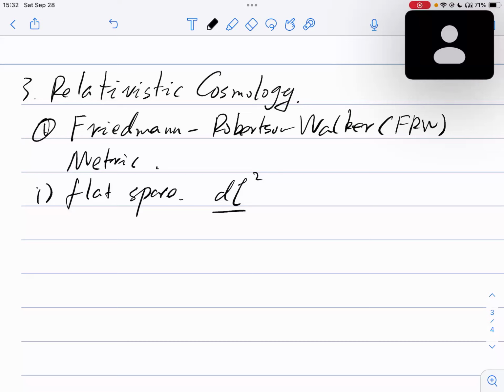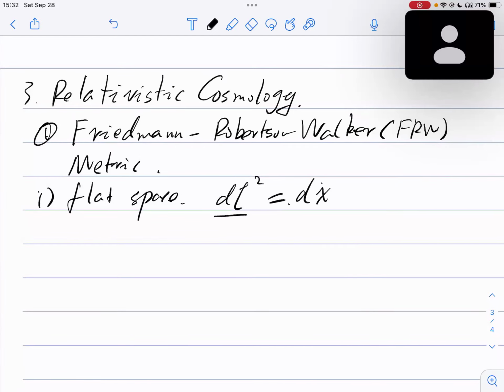We are only talking about space up to now. I will ignore the 3D label afterwards. This dx squared will not change if you make a translation or rotation in this flat space, so obviously it satisfies this symmetry property.